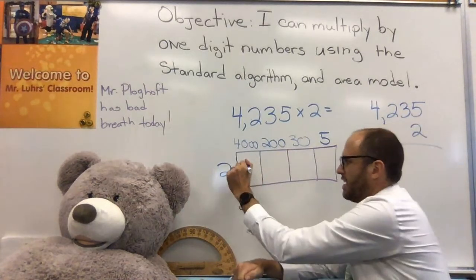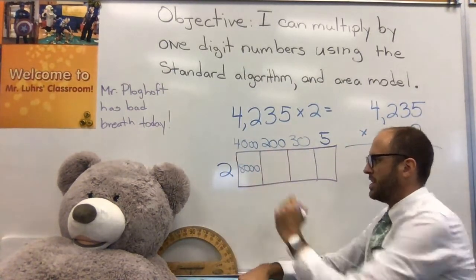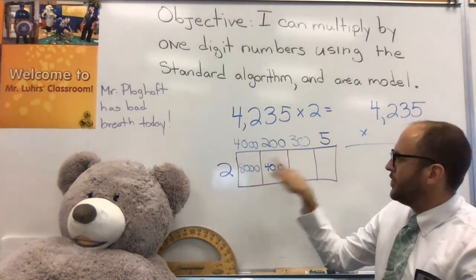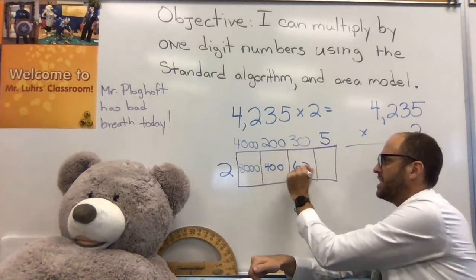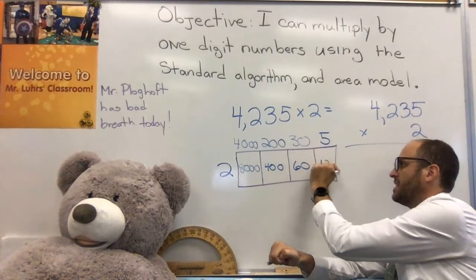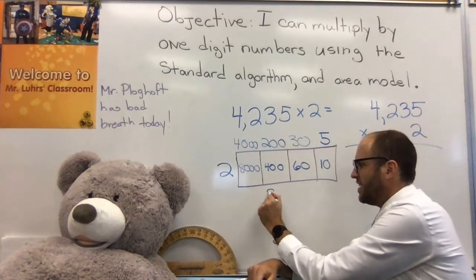2 times 4,000 is 8,000. 200 times 2 is 400. 30 times 2 is 60. And 2 times 5 is 10. So now instead of adding up 3 partial products, we have to add up 4.